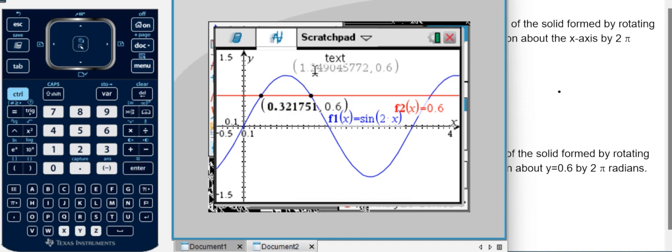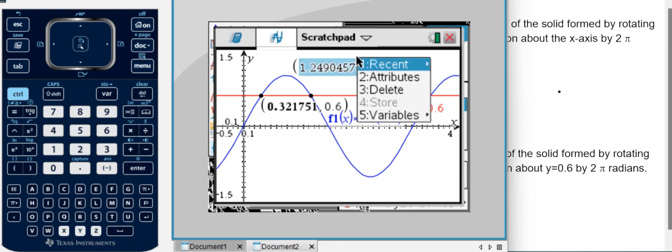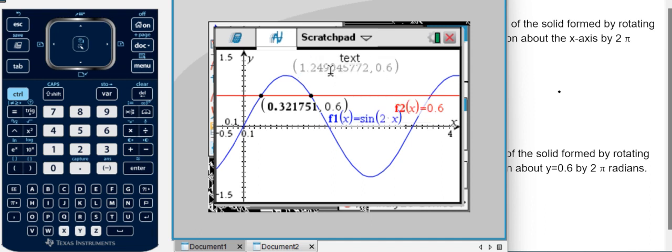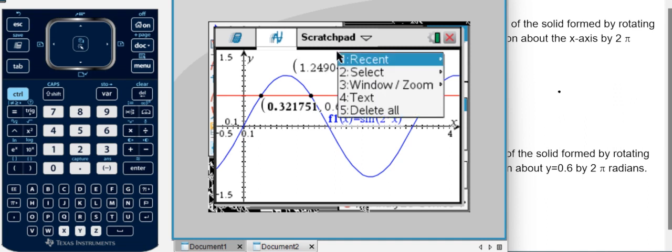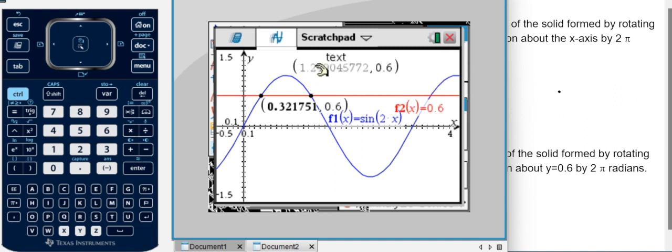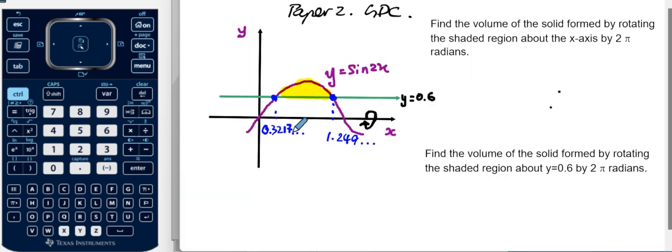Same thing here, and then store this. So I also need to store this. Let me do this again. Store. Now into, let's call this b. So a and b. And you can also store by using ctrl var to store a value. So that's why I have 0.3217 and 1.429.